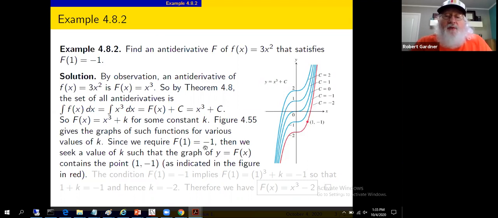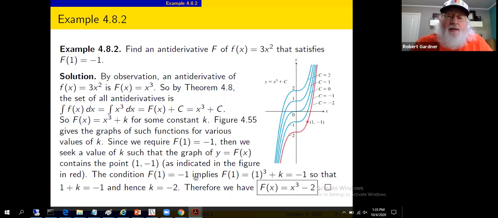We're requiring f of 1 to be negative 1. So we want a value of k that makes the graph of the function y equals capital F of x contain the point 1, negative 1, as given in the figure. Algebraically, I know capital F is of this form. Plug in x equals 1, we get 1 cubed plus k, and we want that to equal negative 1.